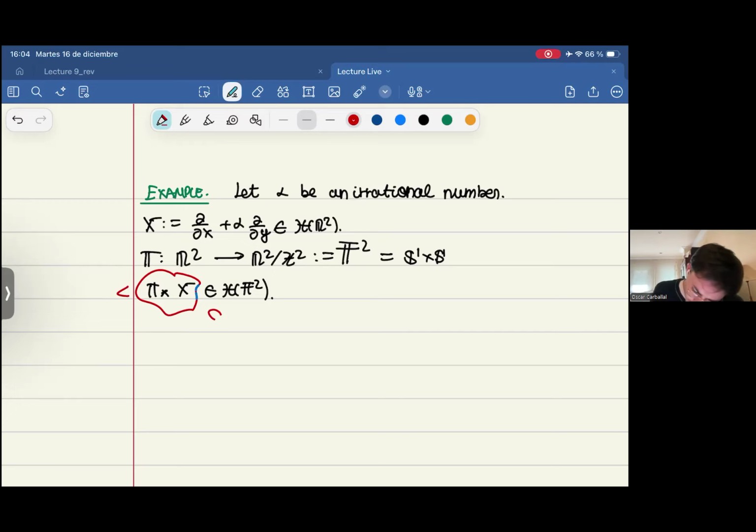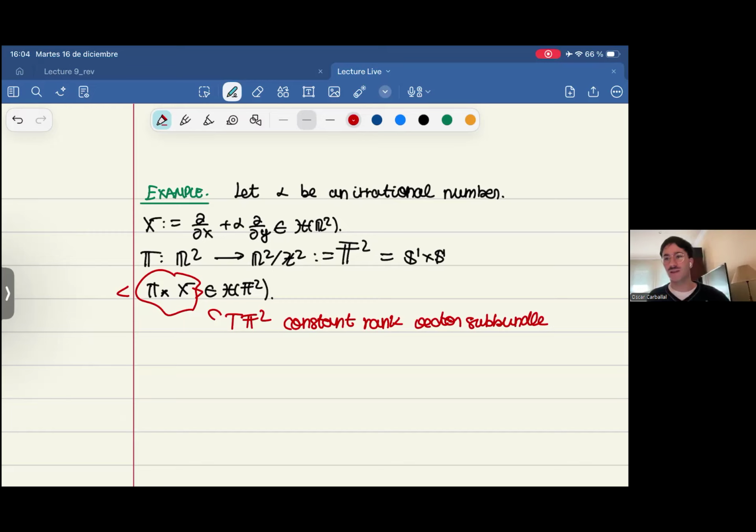It can be proved that this defines a constant rank, of rank 1 for sure, vector subbundle of the tangent bundle of the torus.